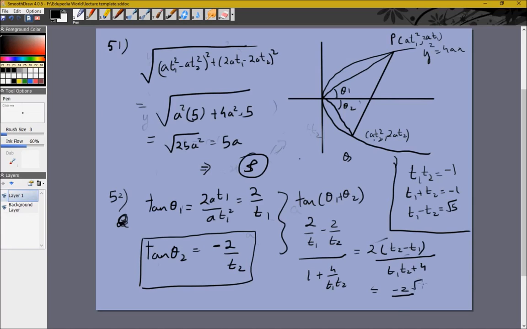So minus 2 root 5 by t1 t2, which is minus 1, plus 4 is 3. So minus 2 root 5 by 3 is the answer, which means D. So make sure you understand this point. This is the most important point here in this question.